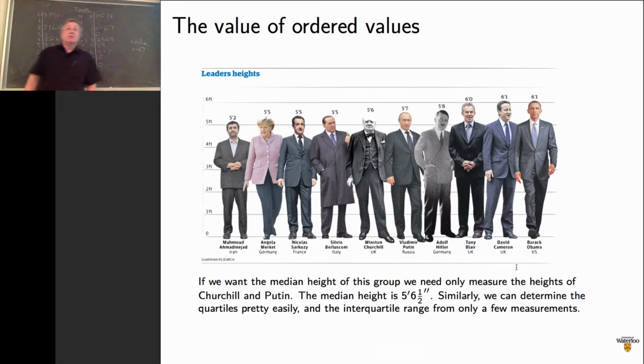I just have to measure the two middle guys, which are Winston Churchill and Vladimir Putin, and take their average, which is very convenient. As long as I can order things, I may not have to go to the extra effort of actually getting the measurement. I can order stuff. Okay? So the median here turns out to be about my present height. So I'm roughly in the middle of that group.